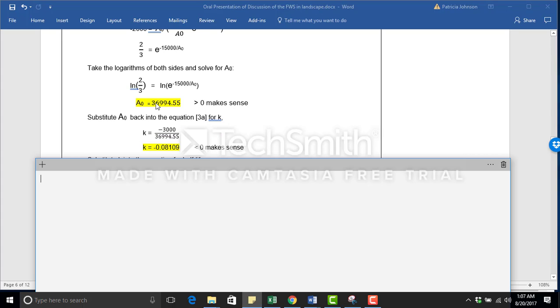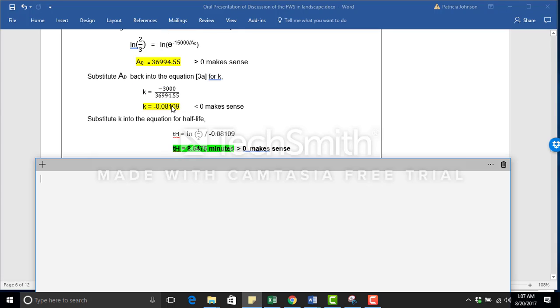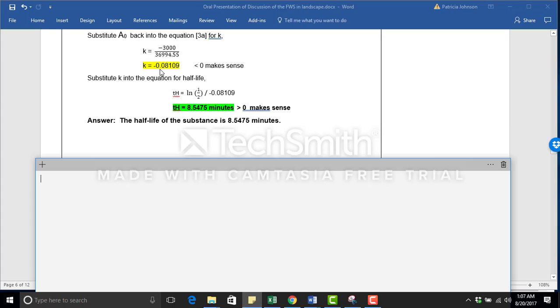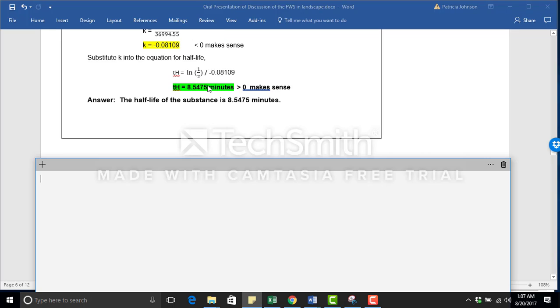And we solve with our digital calculator that A0 equals 36,994.55. We substitute this back into our equation for k in terms of A, and we get this value for k. We substitute k back into our equation for half-life. Using our calculator, we get a half-life of 8.5475 minutes.